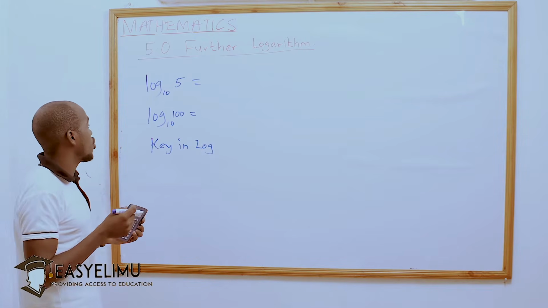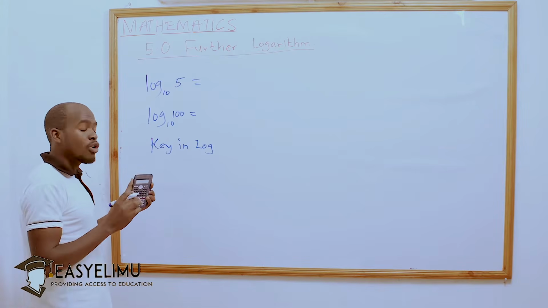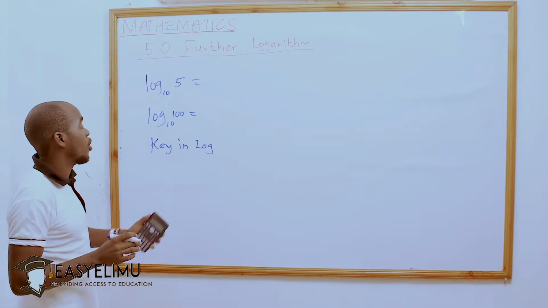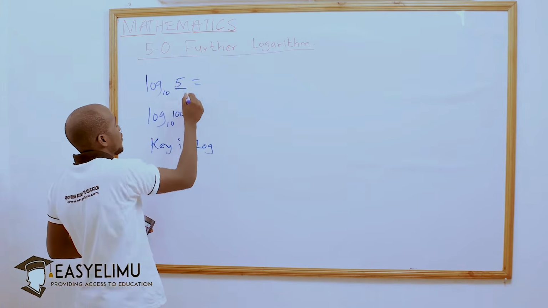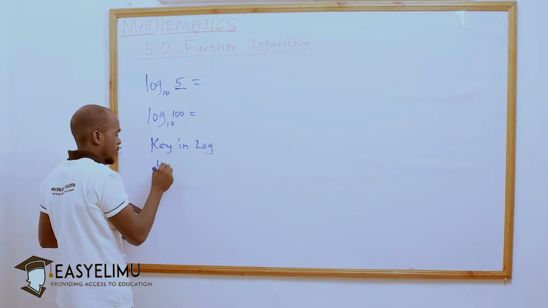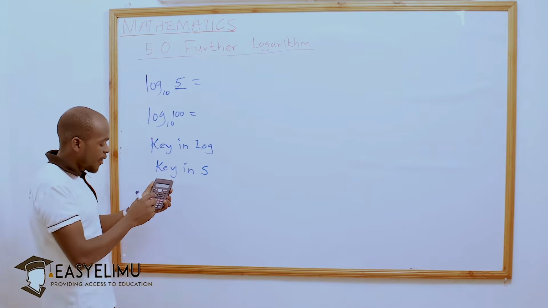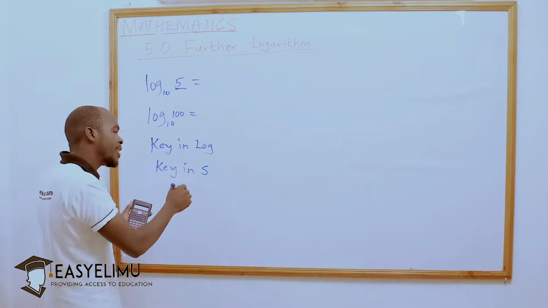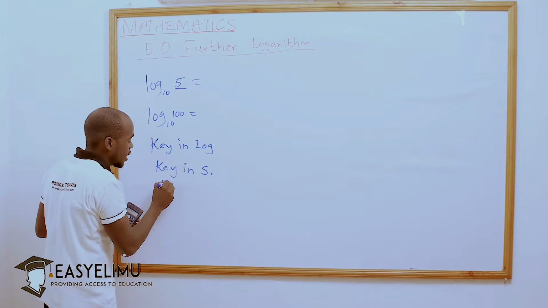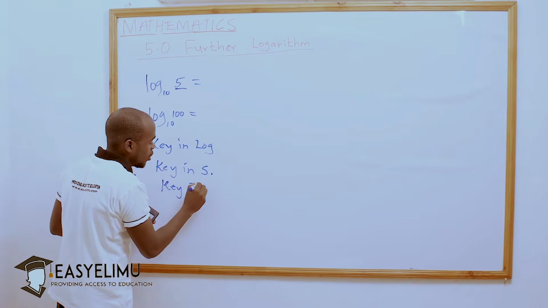It will display log on the screen, and that is log to the base of 10. If it is 5, then key in 5. After keying the number, you then key in the equal sign.